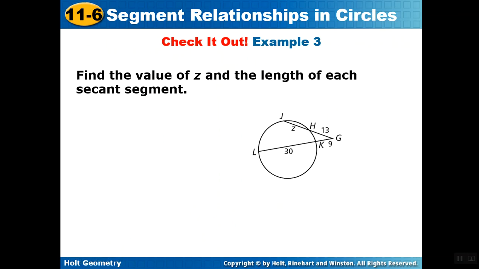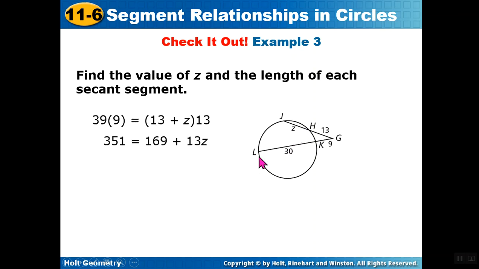Now check out example 3 here. Find the value of Z and the length of each secant segment. The Z is in here also, it is the interior part of the secant segment. Now we will write here, look here.